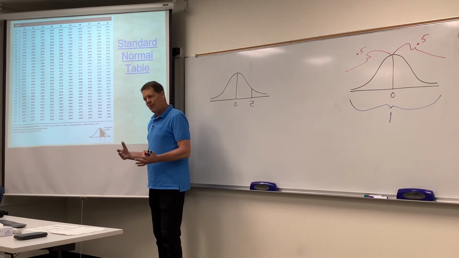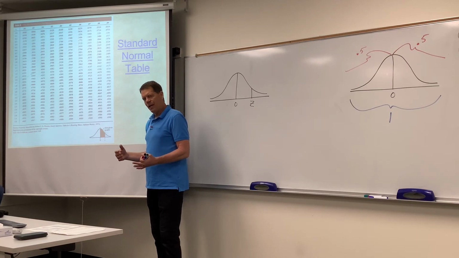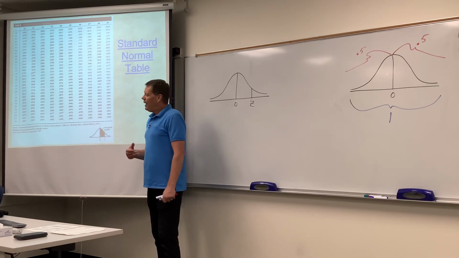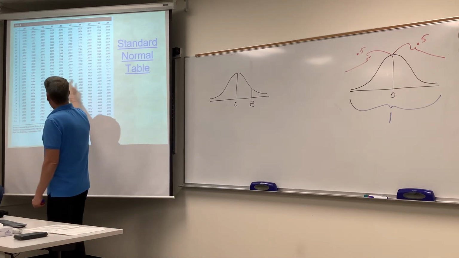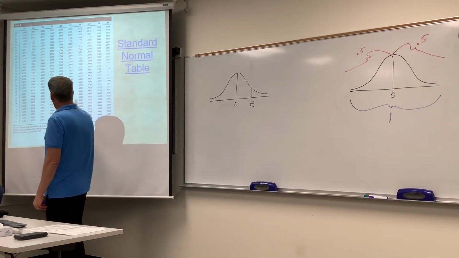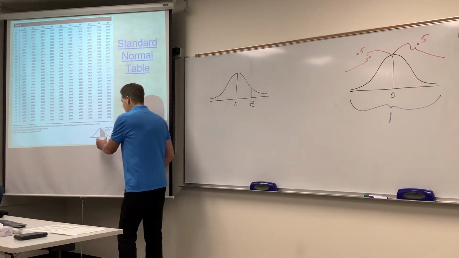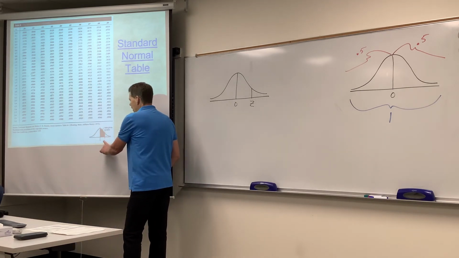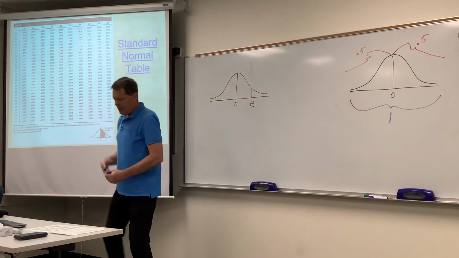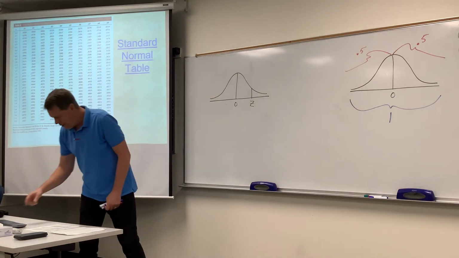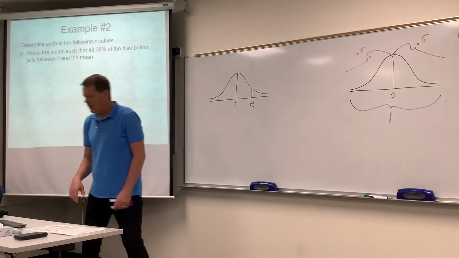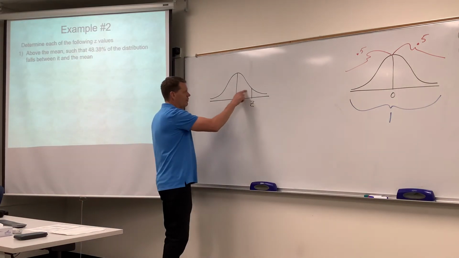On this first example, that's actually the type of area they have described. We also need to realize that the areas in the body of this table are in decimal form, and they represent that middle sliver between a z-score and the mean. So our goal is to always figure out what that middle sliver is from the question that's given.